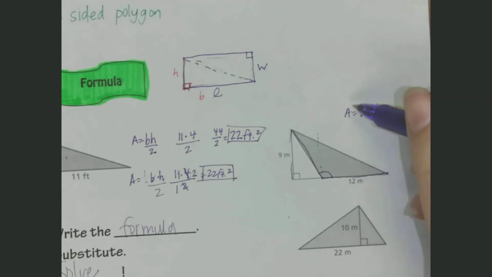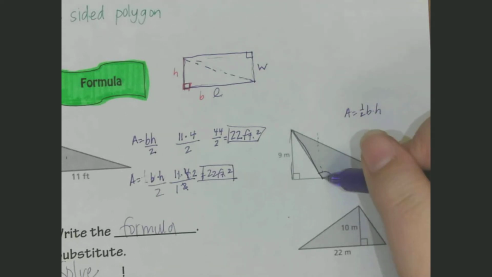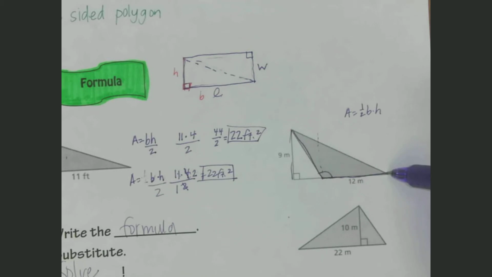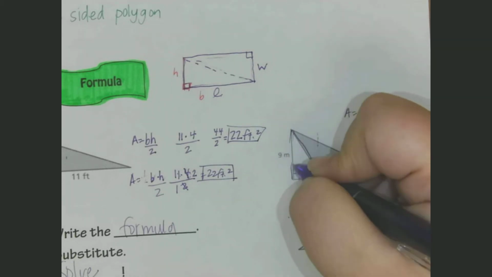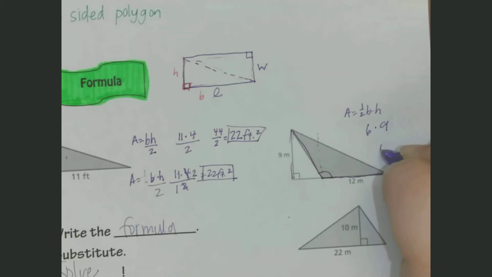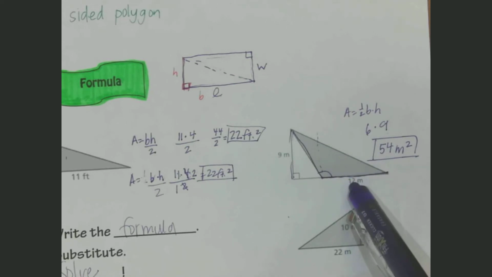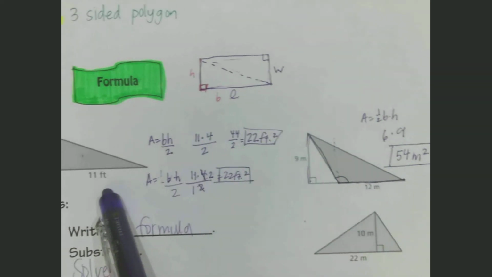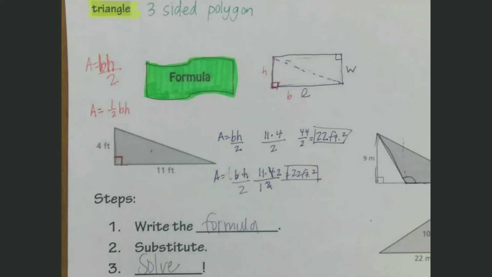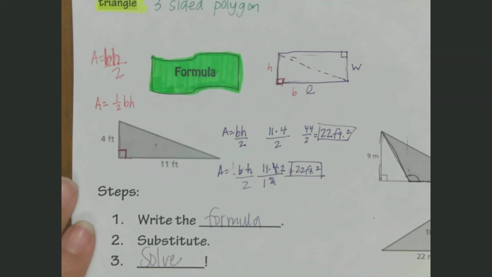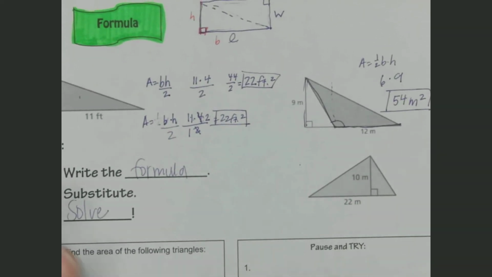Okay, fill it in. Half of the base, this is the base right here, and half of 12 is 6, and then times the height is 9, which equals 6 times 9 is 54 meters squared. Okay, so sometimes it might be easier for you to do half of the base and then multiply by the height, and sometimes you might prefer to multiply them first and then cut it in half. Either way is fine.